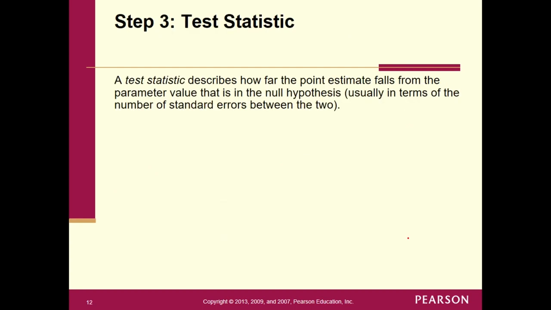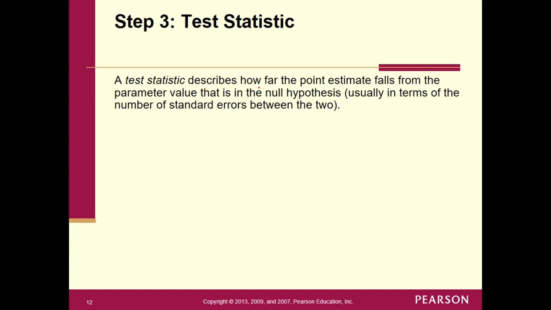Okay, so let's move on to test statistics. A test statistic describes how far the point estimate falls from the parameter value that is in the null hypothesis, usually in terms of the number of standard errors between the two.